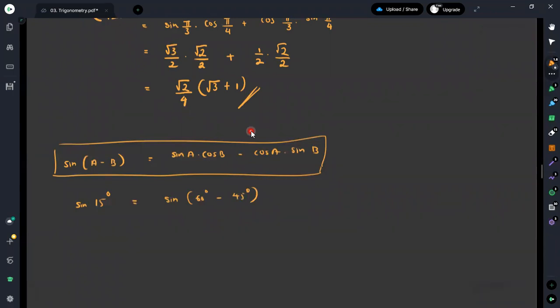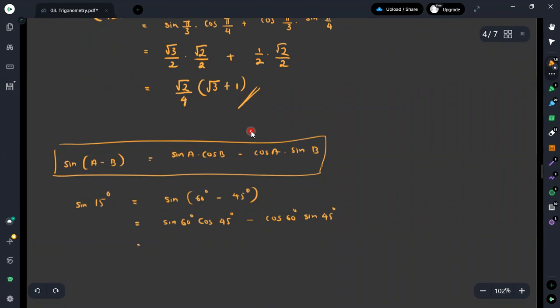Taking sine(60 degrees minus 45 degrees), according to the equation we can write it as sine 60 cosine 45 minus cosine 60 sine 45.